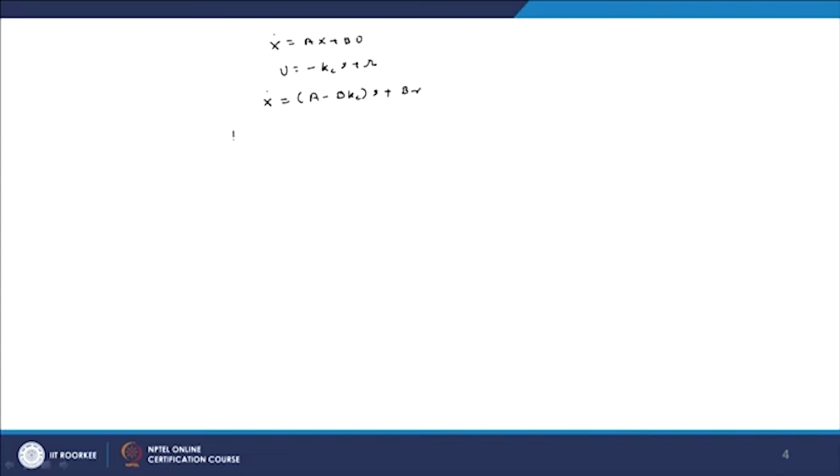Now the characteristic equation in terms of lambda is the determinant of lambda I minus (A minus B Kc), and we can write A minus B Kc as A bar.